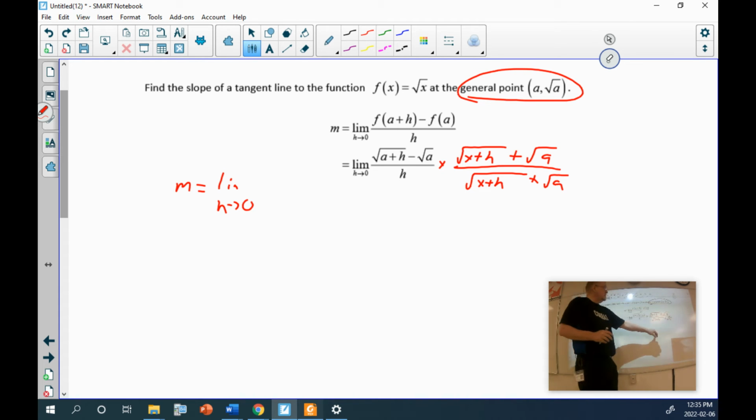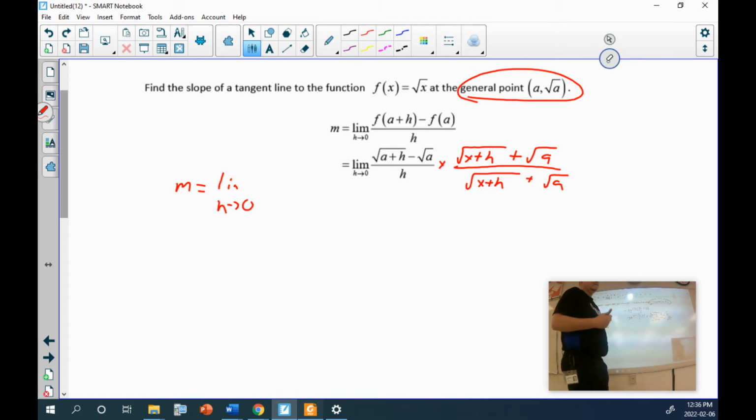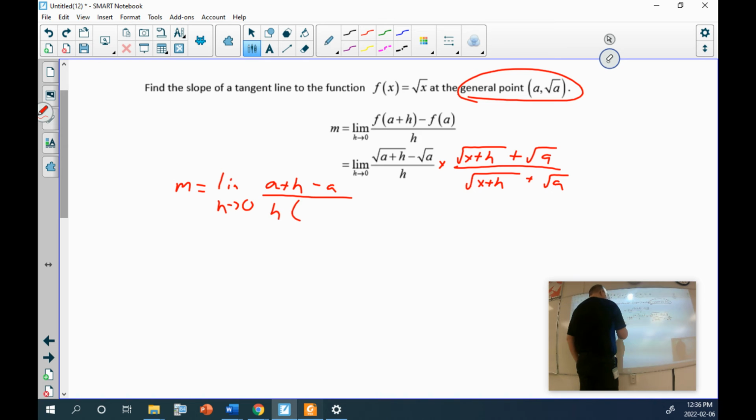If you see a rational function, you're going to have to simplify the rational. If it's a polynomial, you should be able to get away with just factoring. So with our conjugates, what we have is a plus h minus a over h.